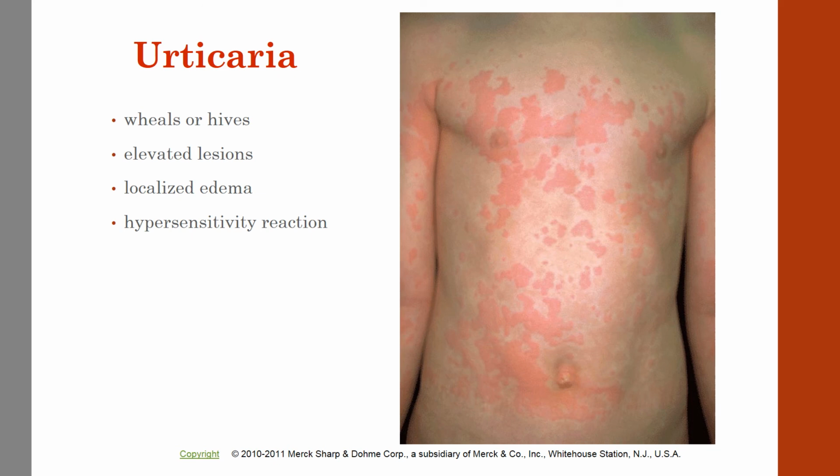When we're talking about macular and papular, try not to use them in the same sentence. Even in good books, sometimes they would say macular papular rash. But if you think about it, how can it be macular and papular? It's probably papular, but whoever was writing thinks that it also can be macular.